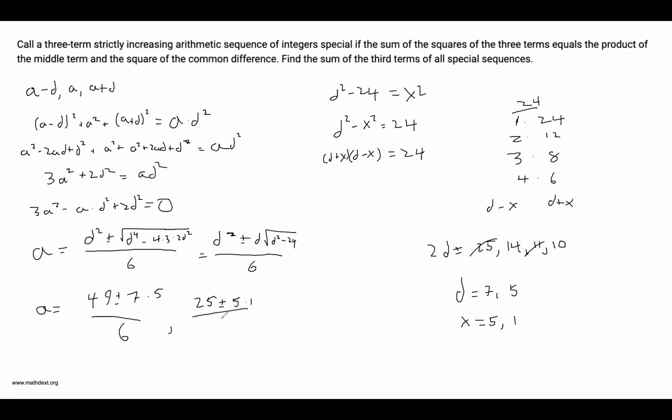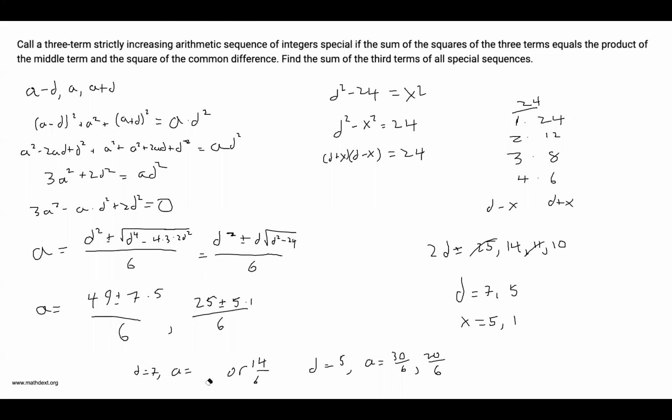So 5 times 1, over 6. When d equals 7, a equals 49 plus or minus 35 over 6, so it's 84 over 6 or 14 over 6. And if d equals 5, a equals 30 over 6 or 20 over 6.